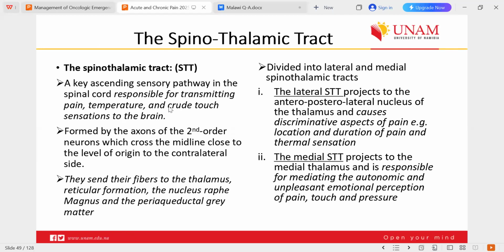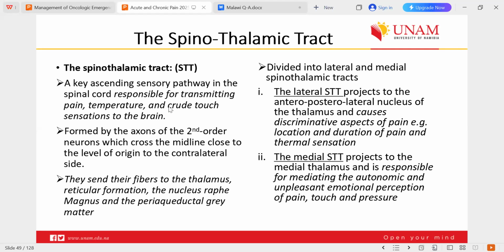Okay, so we have what we know as the primary pain pathway, and we have the alternative pain pathway. Okay, so the primary pain pathway, number one, is the spinothalamic tract. Okay, this is a key ascending pathway. If you remember the diagram we looked at before, the spinothalamic tract is a key ascending sensory pathway in the spinal cord, which is responsible for transmitting pain, temperature, and crude touch sensations to the brain.